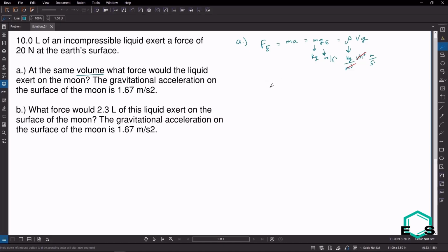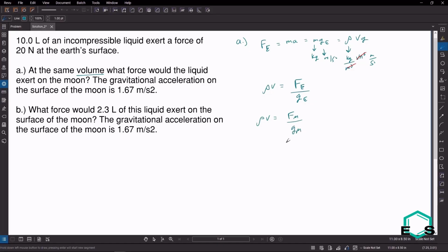So if I rearrange this and solve for density and volume, this is equal to the force on Earth over the gravitational acceleration of Earth. I can make an equal formula for the moon: the force on the moon over the gravitational acceleration of the moon.